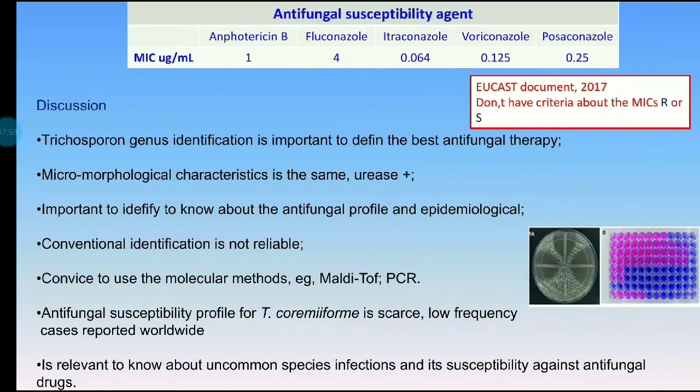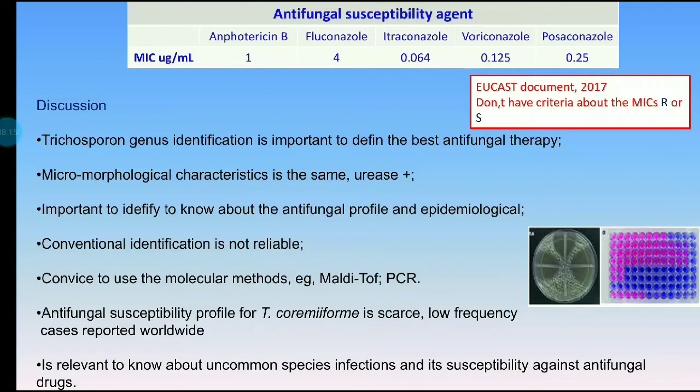So it is important to identify it, to know about the antifungal profile and epidemiology. Conventional identification is not reliable, and it is advisable to use molecular methods, for example, MALDI-TOF and PCR.